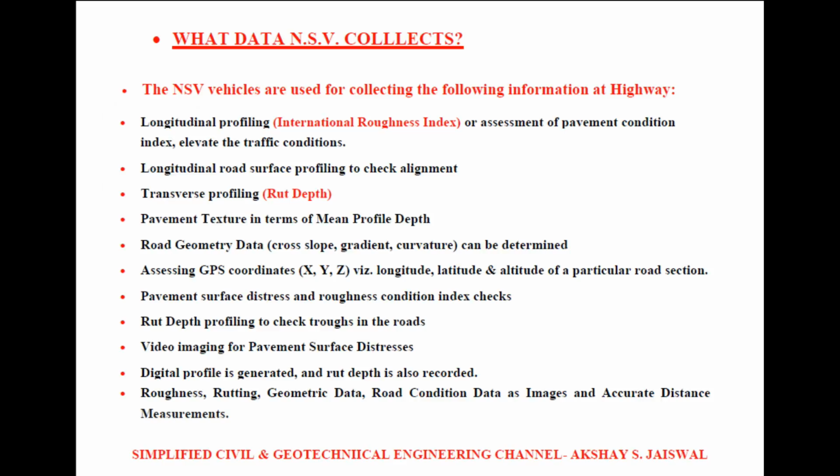It can be determined by using NSV. NSV is also helpful for assessing GPS coordinates x, y, z, that is longitude, latitude and altitude of a particular road section, pavement surface distress and roughness condition index, rut depth profiling, video imaging for pavement surface distress. These are checked by NSV.